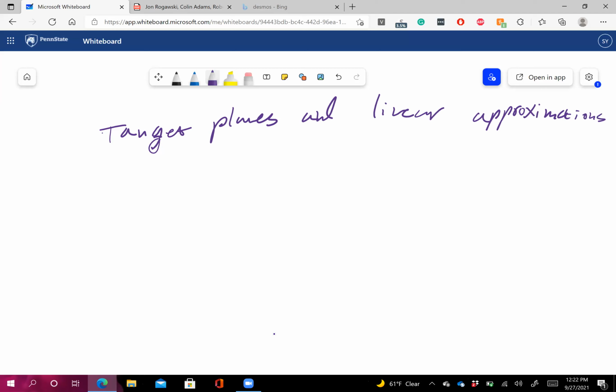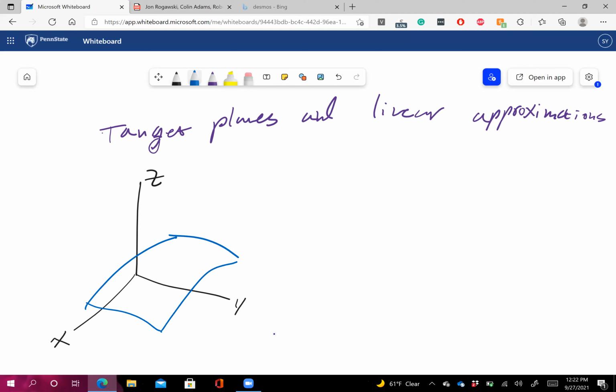So let's begin with what a tangent plane is. If we have some surface in R3, so let's say this is our surface.